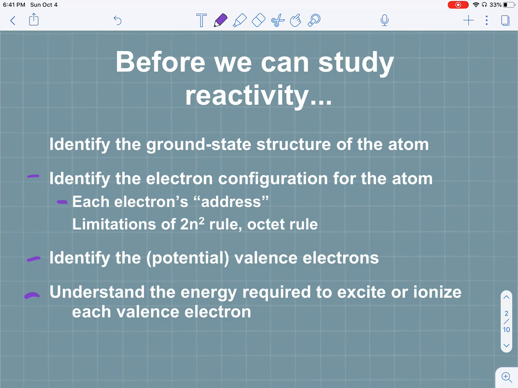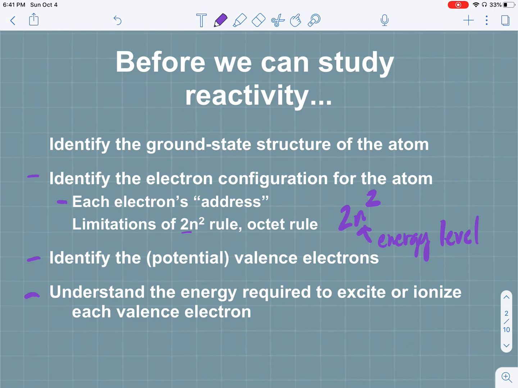We'll also look at the limitations of some of the rules that you may have picked up earlier in your study of chemistry or the sciences. One of them is the 2n squared rule. The 2n squared rule basically says that for any particular energy level of the electron cloud, if you plug in the number of the energy level, that tells you how many electrons in total can fit on that.